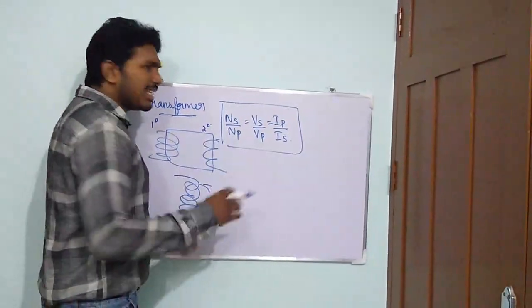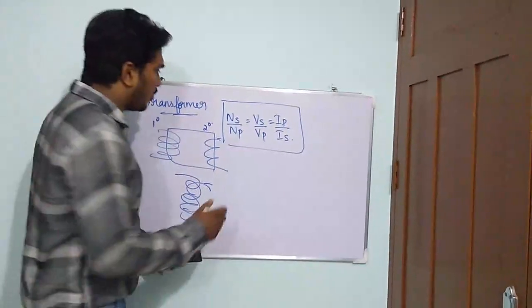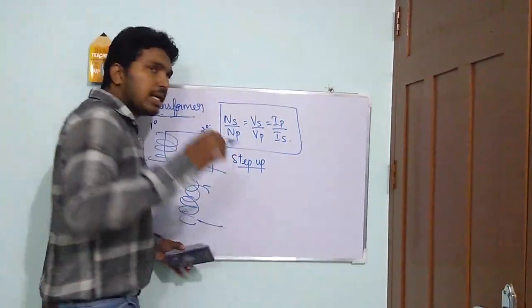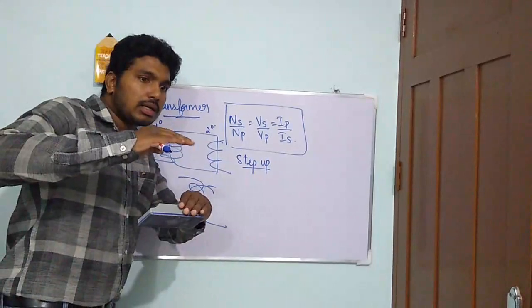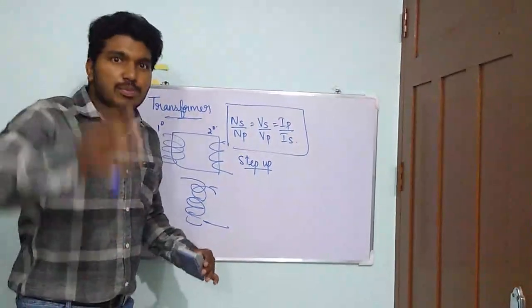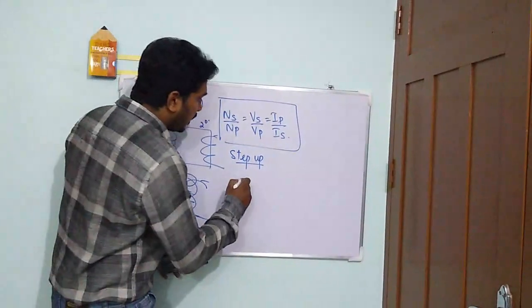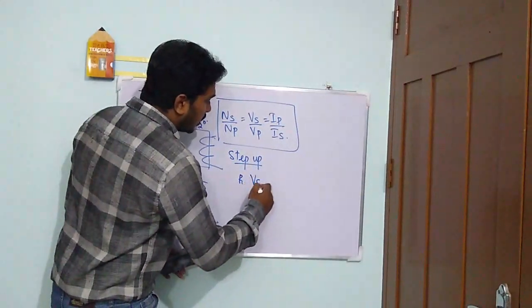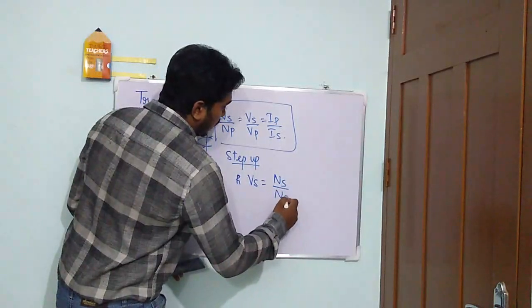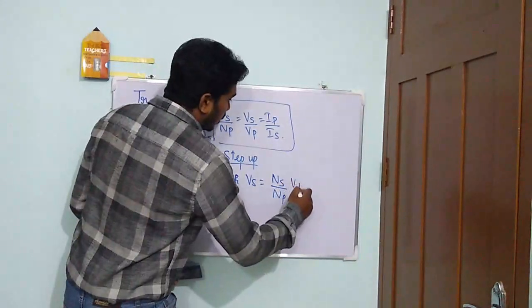In case of a step up transformer, what will happen? Step up means making the voltage notch higher. So for step up, from this ratio we can write Vs is equal to Ns by Np into Vp.